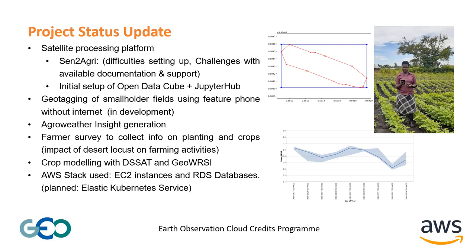We have also initiated activities to collect information from farmers, enabling farmer surveys that help us get self-reported data. This is important to us because it helps us identify planting dates, crop types, and such information. It has also proved very beneficial in collecting information about the impact of desert locusts, especially during the long rain period, March, April, and May of last year.